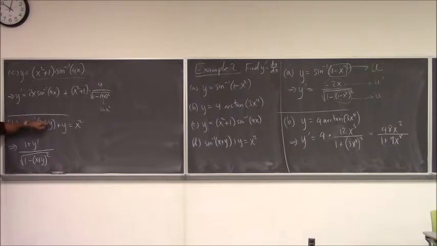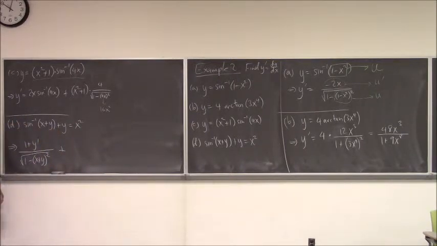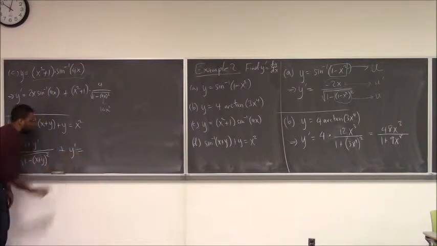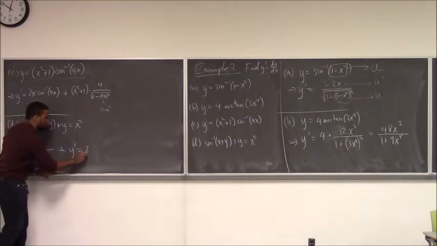Again, it's the derivative of the inside over the radical of 1 minus the inside squared. Now the derivative of the inside is just derivative of x is 1, derivative of y is y prime, plus derivative of x squared, 2x.